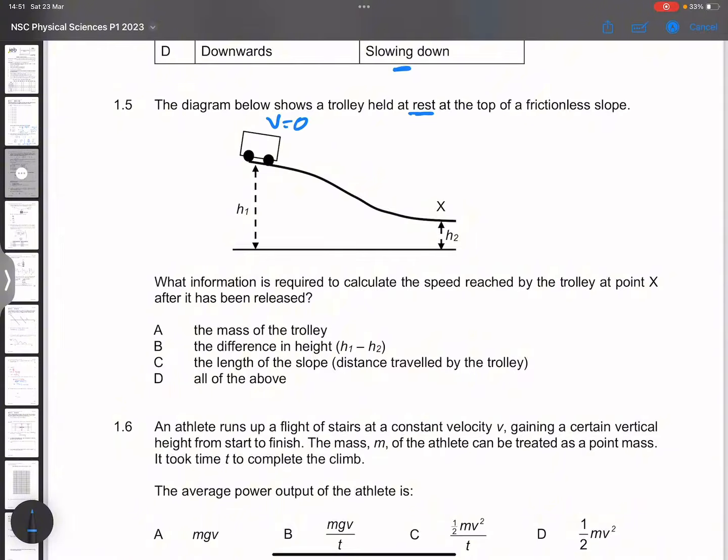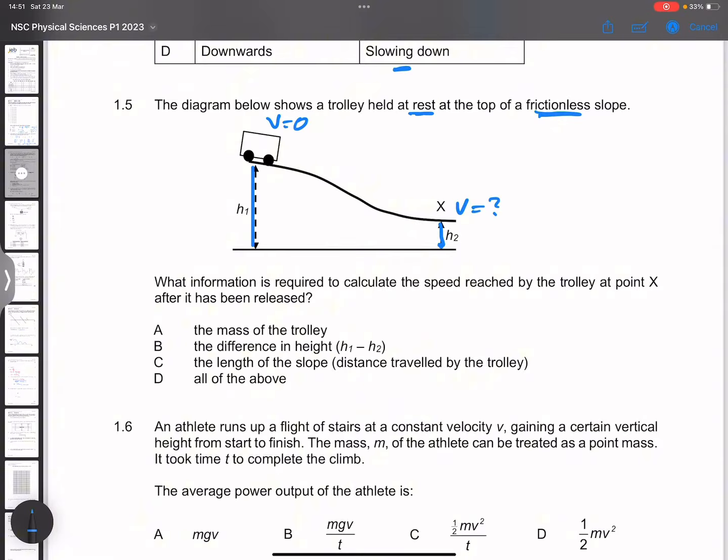Now, what's going to happen? Because it's a frictionless surface and there's no applied force, mechanical energy will be conserved. So to get the velocity here, all we simply need is the difference in height, because that is what will determine the velocity there.